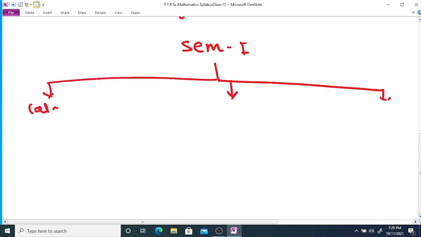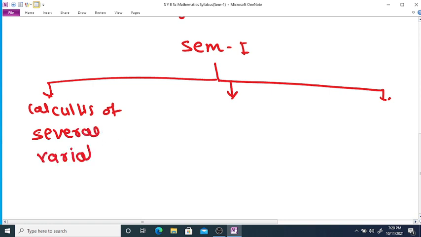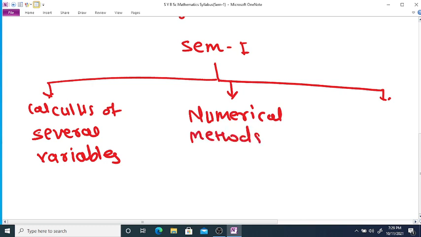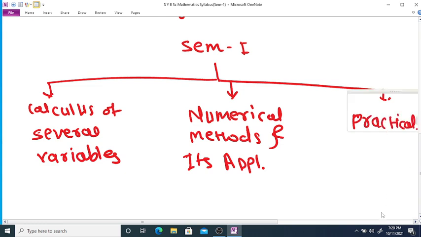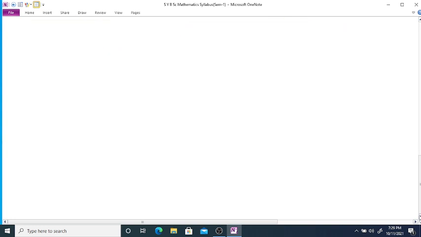Calculus of several variables. Number 2 is numerical methods. We have selected numerical methods and its applications, and number 3 is mathematics practical. Okay. So now we are going to discuss the detailed syllabus of these courses.